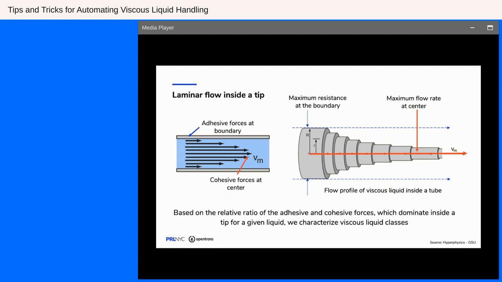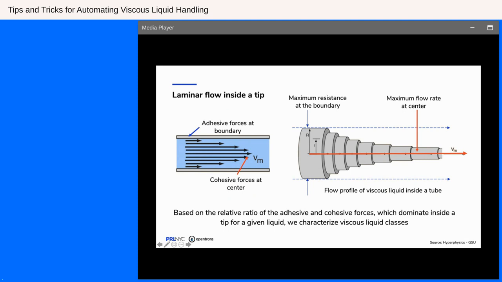Now if we look at the flow profile of the liquid, on the right-hand side, the maximum resistance is at the boundary of the tip. As we go towards the center, where the cohesive forces are much larger, the flow pattern is more like a parabolic shape. At the center there is the least resistance, due to the cohesive forces, and on the wall, the maximum resistance, due to the adhesive forces.